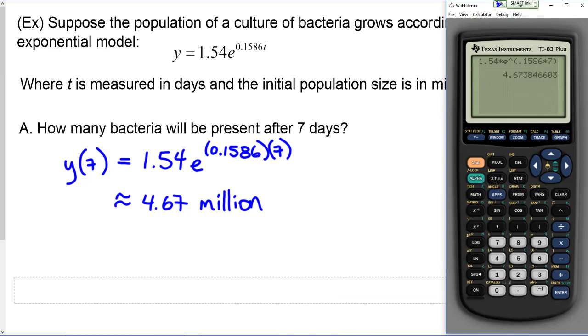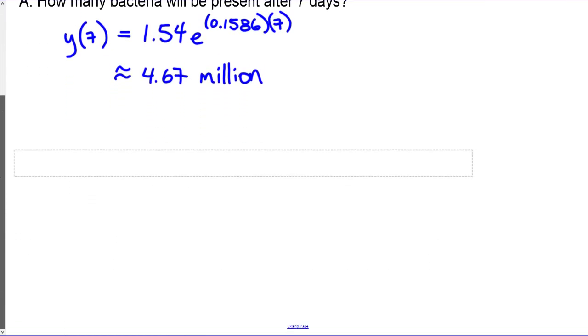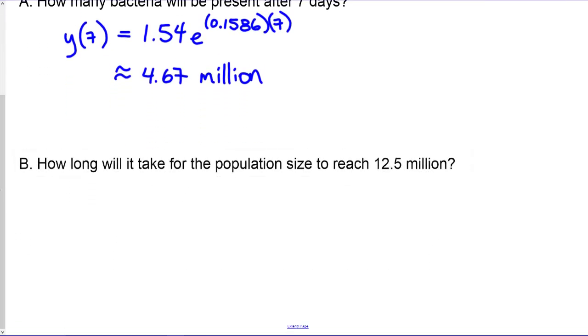Okay, let's look at the next example. How long will it take for the population size to reach 12.5 million? So this time it's going to be a little bit more complex. We'd still be working with the exact same model, y equals 1.54 e to the 0.1586t.